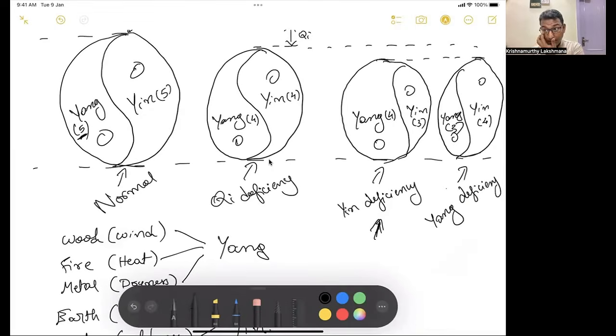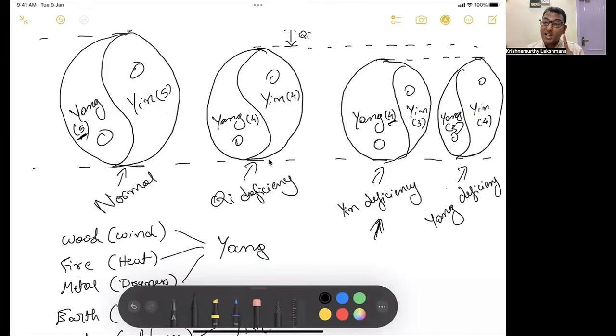5. 5 plus 5 is 10. So the normal range of yang should be 5. But here, what is it? Less than 5, right? So can we say yang excess? No, right? We cannot say.